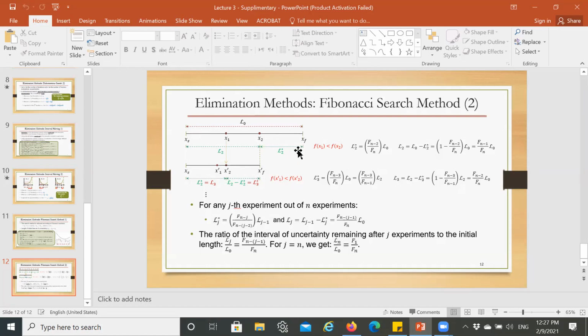So this L2 star that we are removing over here is not the same as L3 star. Depending on the value of n, this value actually changes every time. So we cannot say that the amount of interval discarded in every iteration is known, constant or fixed; that is untrue for Fibonacci.